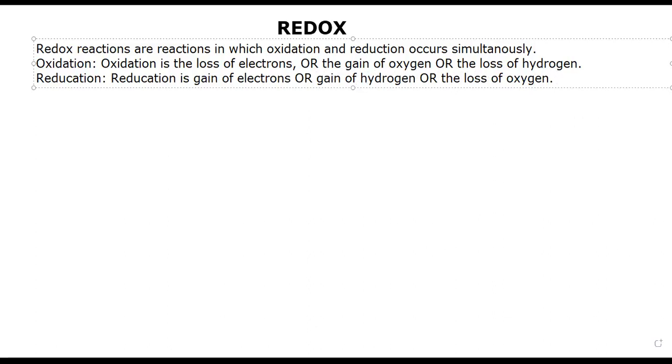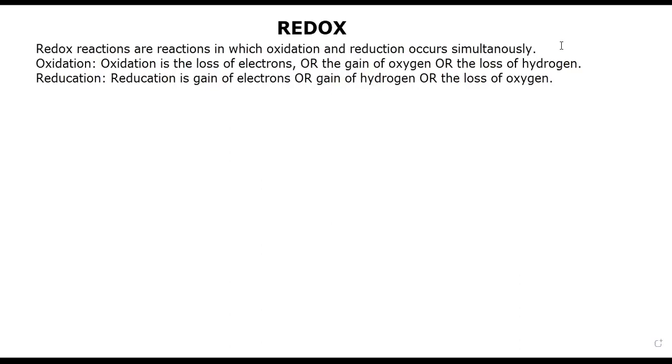So a redox reaction is a reaction in which both of these occur simultaneously. Now, we can figure out if a redox reaction is taking place simply by taking a look at the half equations, right?